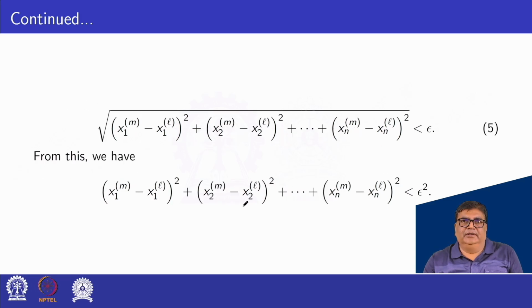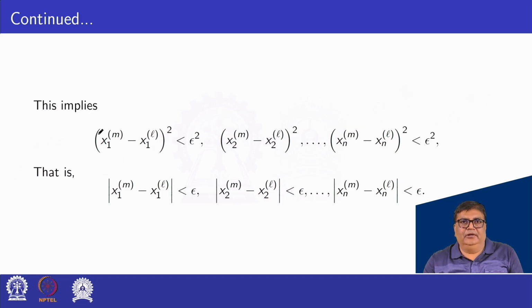Since the sum of the n terms is less than epsilon², each term of this sum is also less than epsilon². So the first term is less than epsilon², the second term also, and so on. Taking the square root of all terms: |xm1 − xl1| < epsilon, |xm2 − xl2| < epsilon, and so on, |xmn − xln| < epsilon.